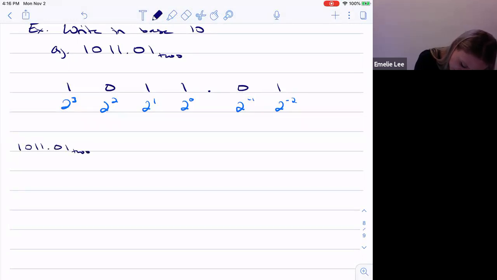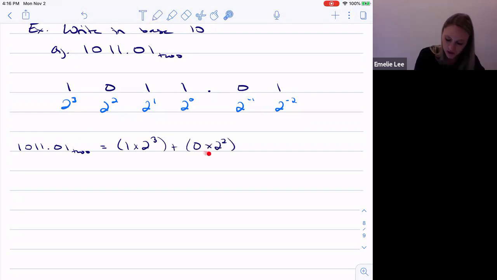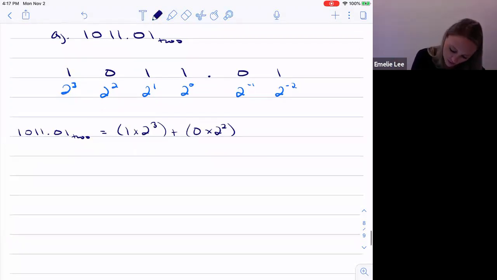1011.01 base 2 becomes 1 times 2 to the 3 plus 0 times 2 to the 2. You don't have to write this one, that's just going to be 0. But I like to do it so that I can go through and check to make sure I haven't missed one. If you want to drop it, that's fine, but I'm going to keep it.